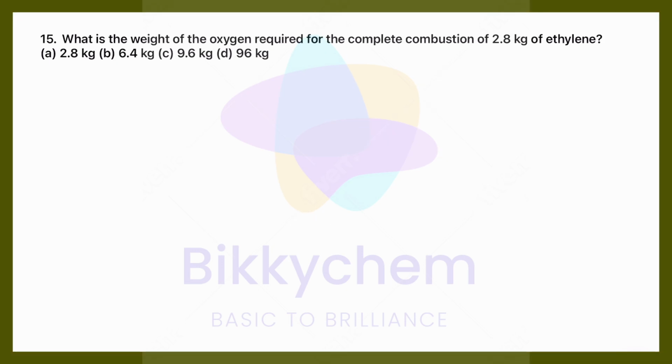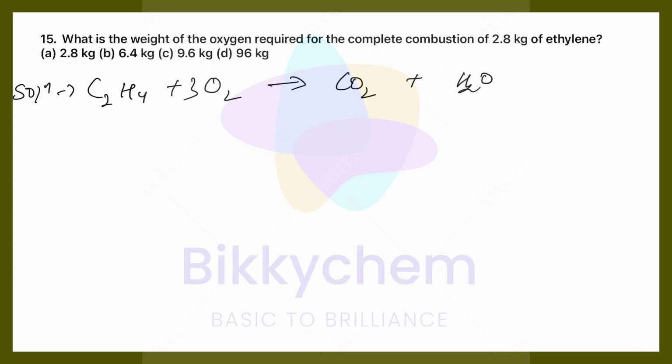Okay, now we'll see the next question, that is what is the weight of oxygen required for the complete combustion of 2.8 kg of ethylene. So first let's write the equation. When you are burning any kind of hydrocarbon, it is always going to give carbon dioxide and water.